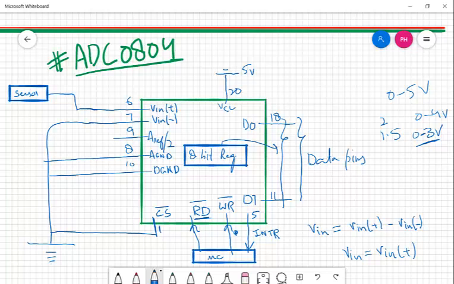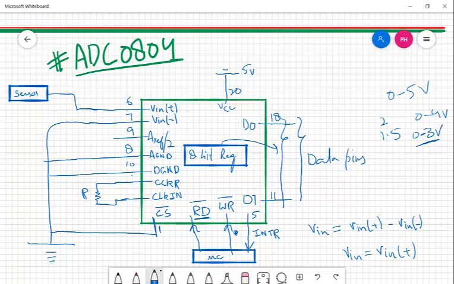Then we have two more pins used for clock, which actually determine the conversion time of the ADC. Clock R and clock in. They are externally connected with a resistor and a capacitor: a resistor R between these two pins, and a capacitor C at clock in.